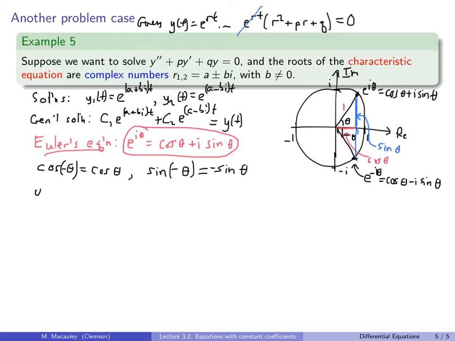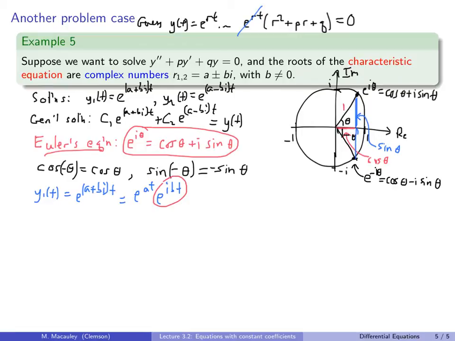So y1 of t is e to the a plus bi times t, which, using laws of exponents, is e to the at times e to the i bt. And now I'm going to write that using Euler's equation.